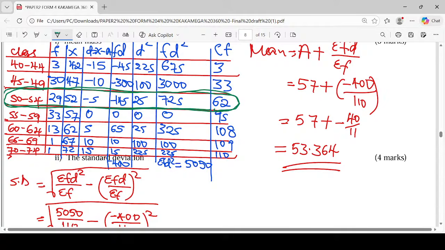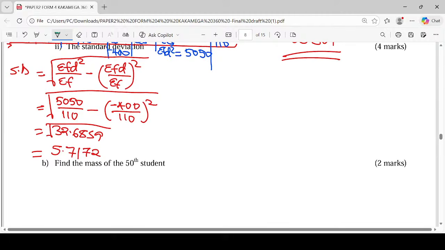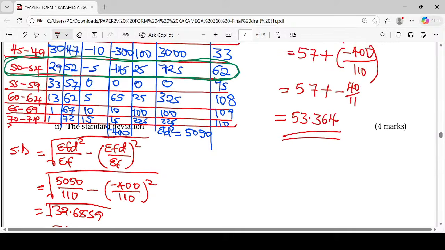After identifying that class, ladies and gentlemen, we are going to use the formula for calculating the median. Remember, when you are calculating the median, we start with the lower class limit. When you look at that class 50 to 54, the lower class limit will be 49.5.